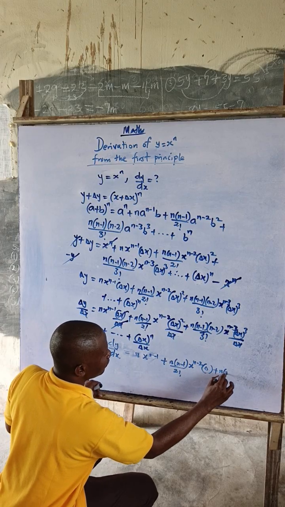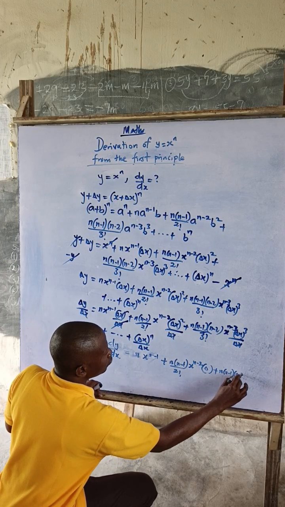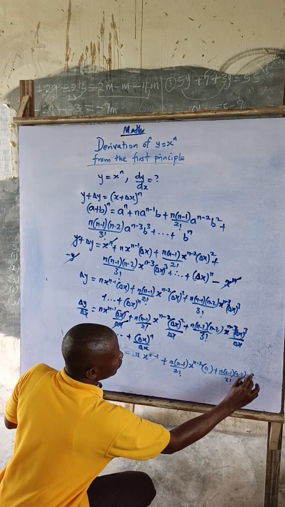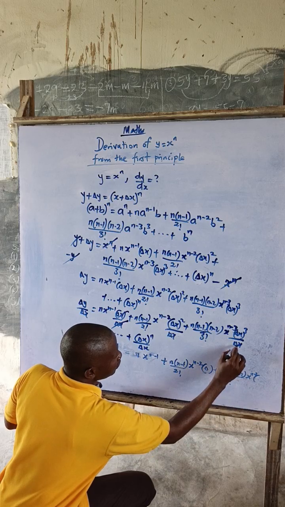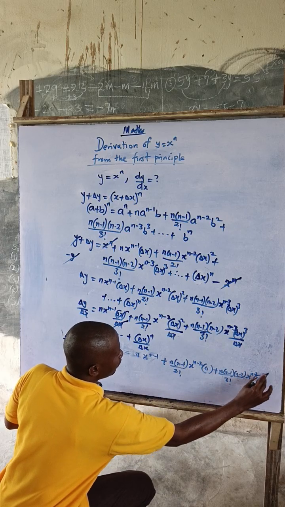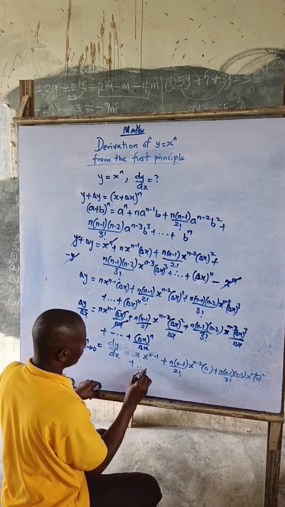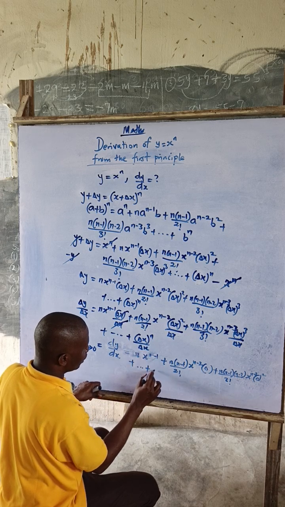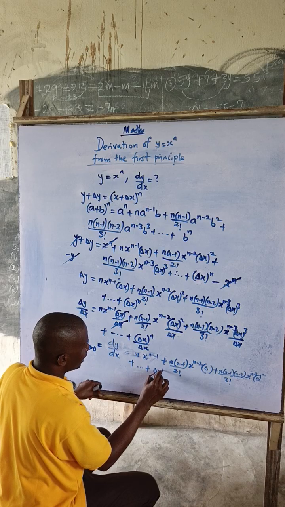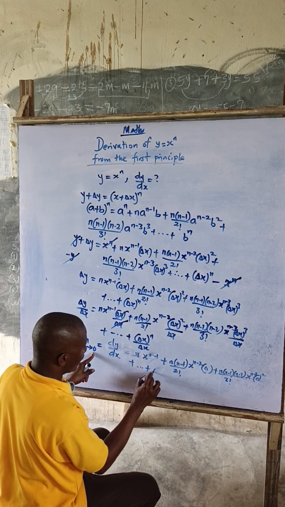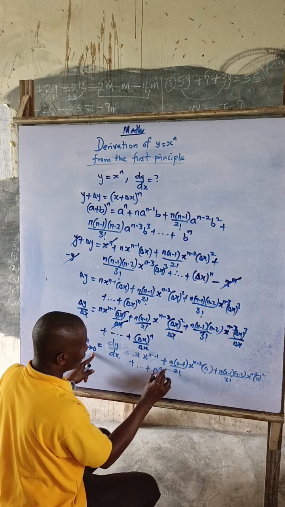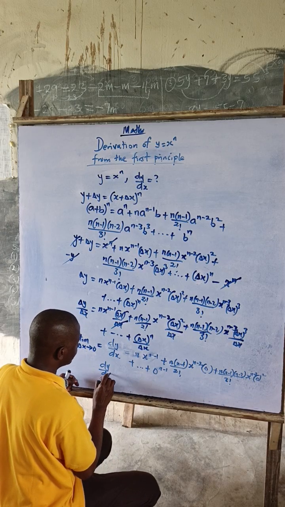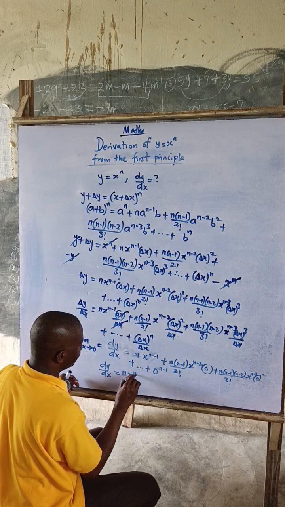Plus n into n minus 1 into n minus 2 divided by 3 factorial x raised to n minus 3 times 0 raised to power 2. Plus, finally, we have delta x raised to power n minus 1, and we substitute 0 there. We have 0 raised to power n minus 1, which will be 0. Which implies dy/dx equals n x raised to n minus 1.